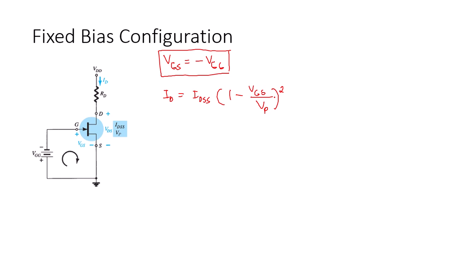Since VGS is a fixed quantity for this configuration, its magnitude and sign can simply be substituted into Shockley's equation, and the resulting level of ID is calculated. So this is one of the few instances in which a mathematical solution to an FET configuration is quite direct.